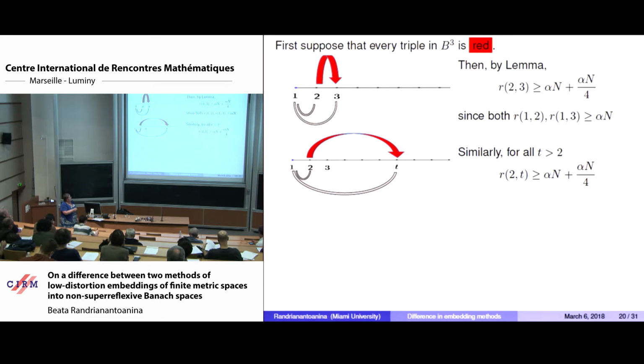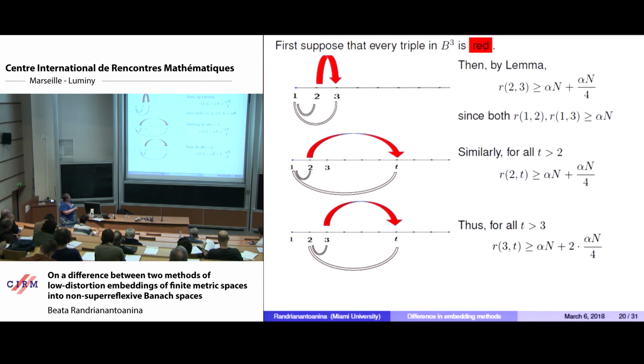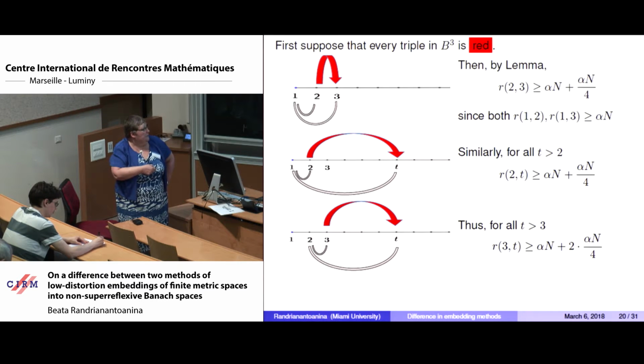This is a red case, so the 2t is the biggest pair in the triple, so I get same exact estimate for this. All right, so now I go to the next step. So those were the triples that started at 1. If I have triples that start at 2, then I have 2, 3, and then 2t.